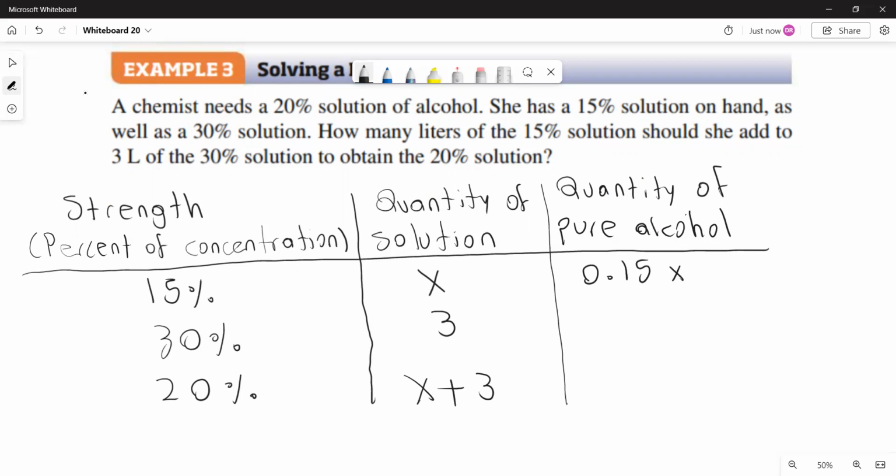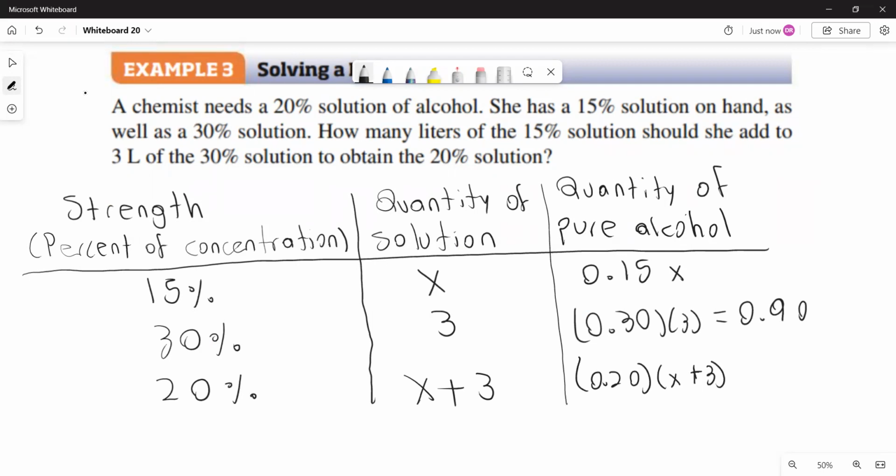on the first solution. The quantity of pure alcohol in the 30% solution is going to be 0.3 times 3, or 0.9. And the quantity of pure alcohol in the 20% solution is going to be 0.2 times X plus 3.